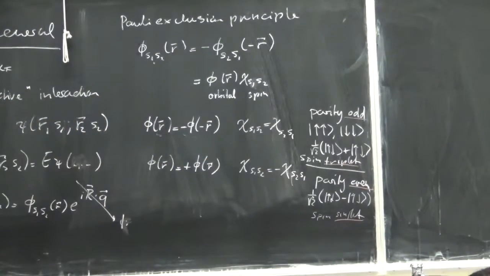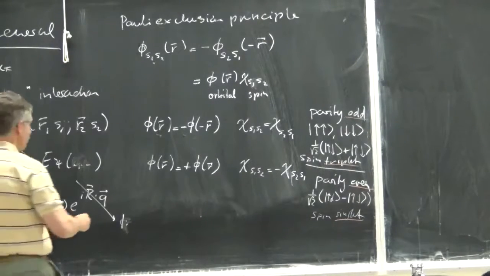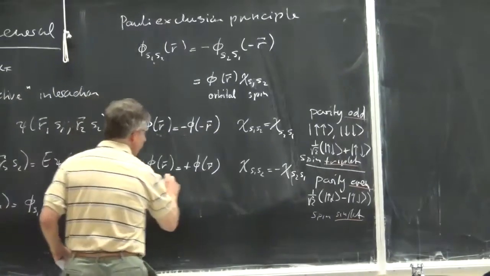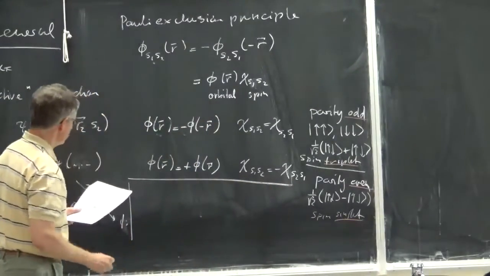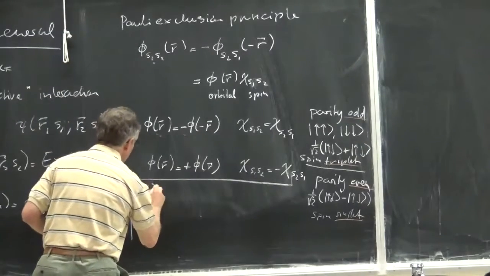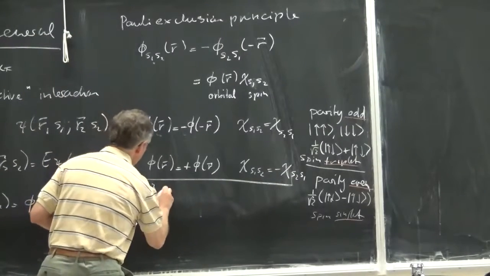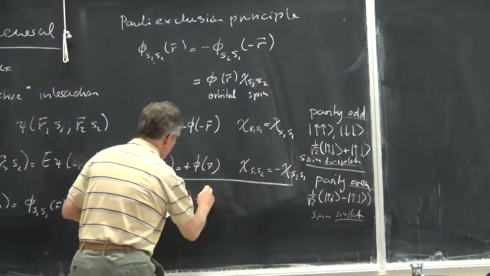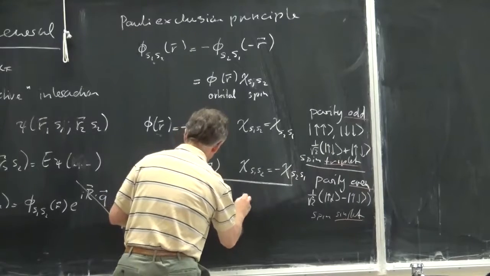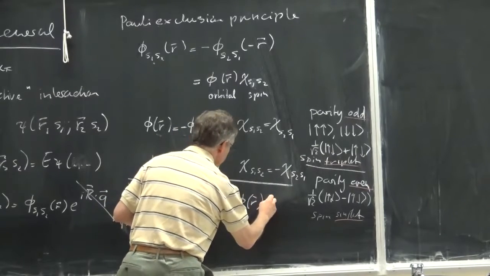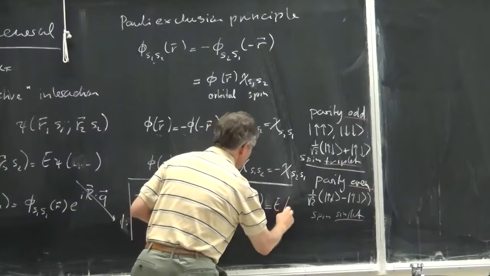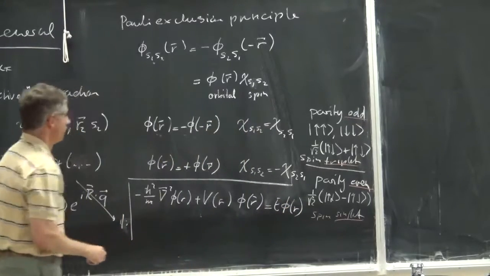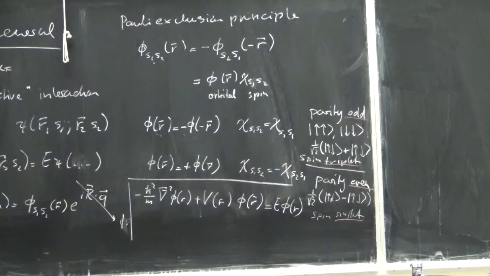The spin part doesn't show up in the interaction anyway, so we don't have spin-orbit coupling. And so then I can write down now the new Schrödinger equation, just simply restricting to the relative coordinates. That's the equation which we have to solve.